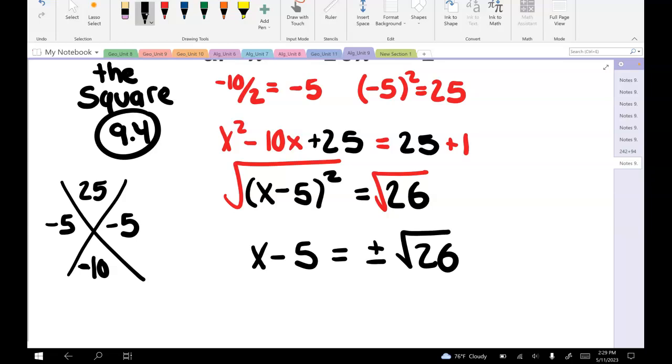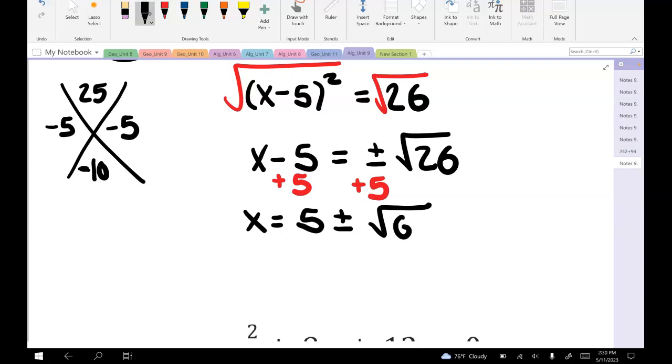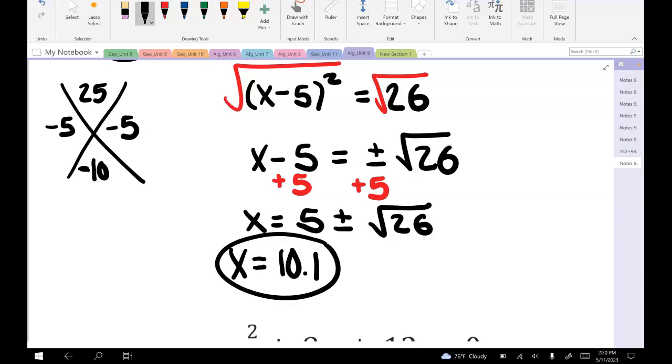And then to solve for x, we have to add 5 to both sides. That gives us x by itself. So we can show that step using our opposite operations. X is equal to 5 plus or minus the square root of 26. And now this is where your calculator comes in handy. You type in 5 plus the square root of 26 and you get one answer, 10.1.